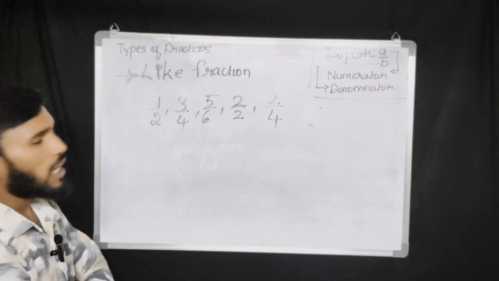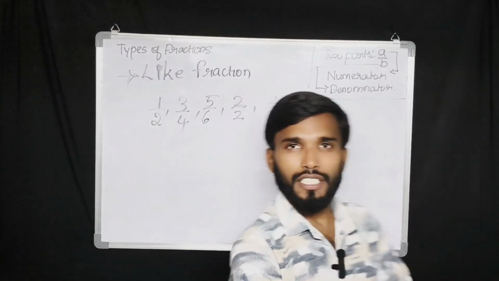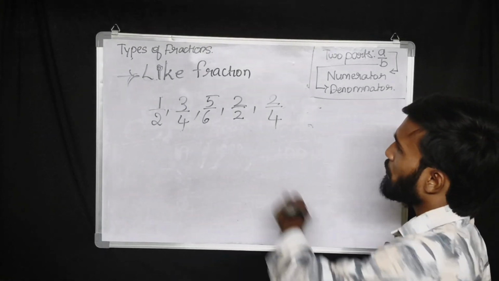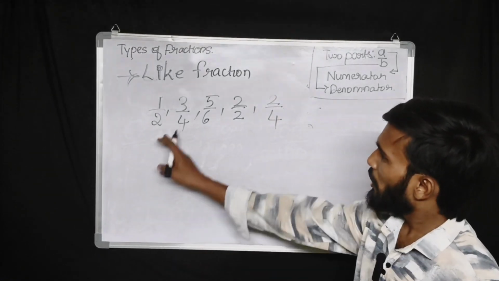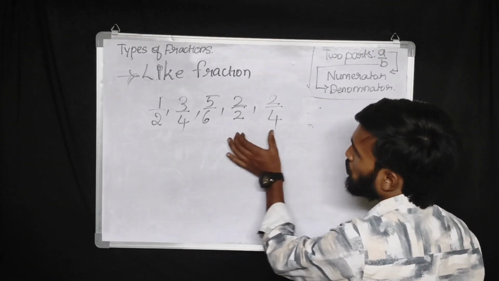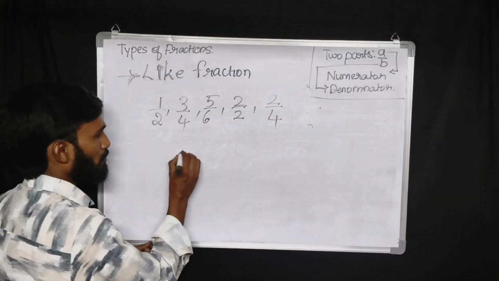In these given fractions, what you are observing is that the numerators are different except these two, and the denominators are different except these two. So write the same ones where the denominators are the same.